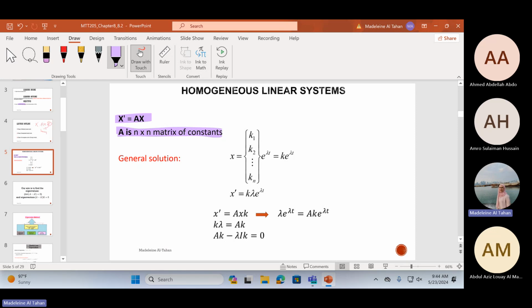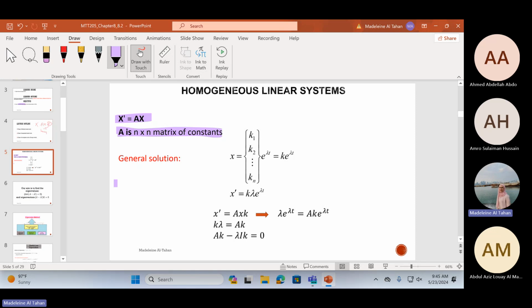Y equals e to the mx, right? Substitute and get an auxiliary equation. Here, I cannot write e to the mx alone, because the solution should be a vector.